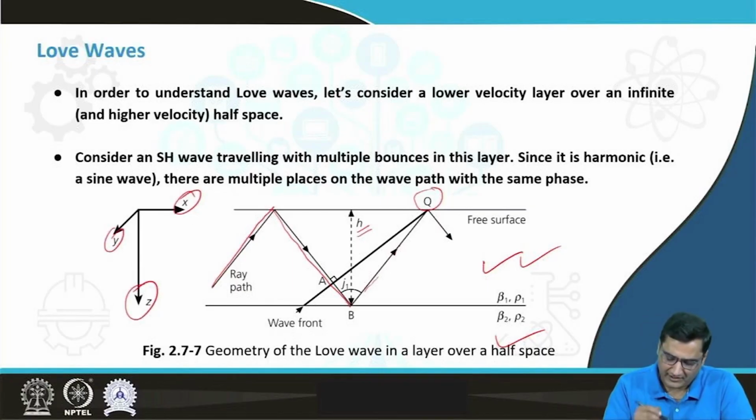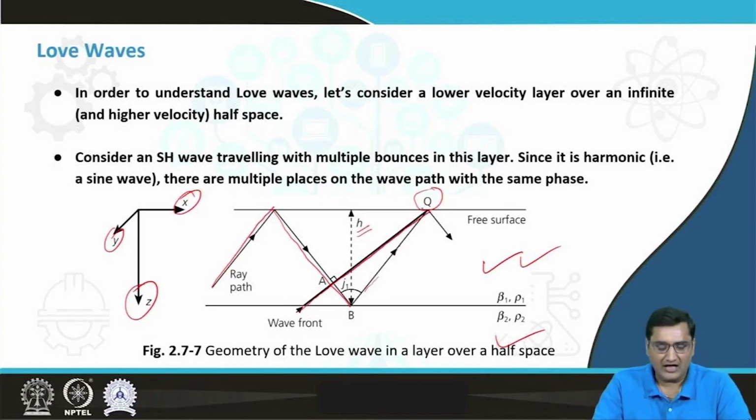In terms of the wavefront, the wavefront is traveling from here in this direction. If we consider a harmonic wave, a sine wave or a cosine wave, there will be multiple places over this wavefront where the phase will be the same along its path. If we take this path, there are multiple points on it where the phase of the wave will be the same.